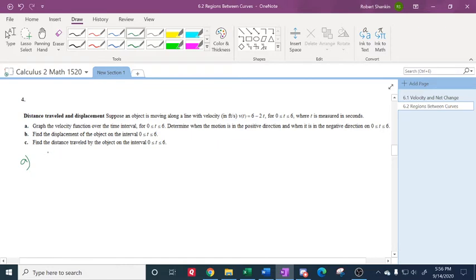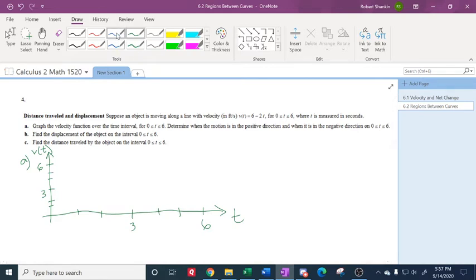Okay, let me have you stop. So t and v of t, and we need to go to 6. And when t is 0, we're going to get 6, so we need to go up to a height of 6. Okay, and this is a straight line coming from here.